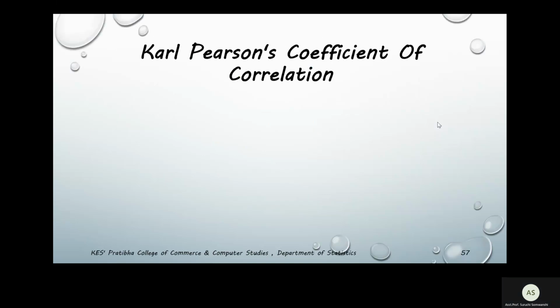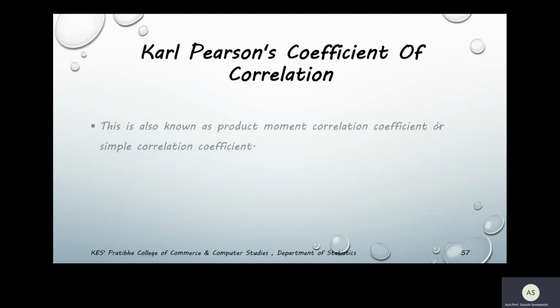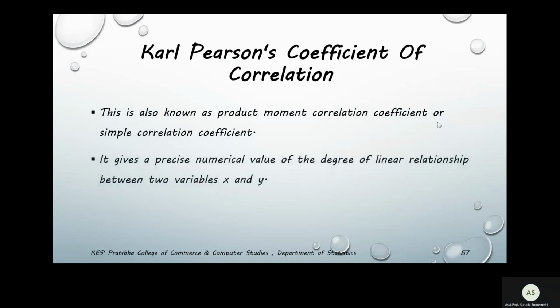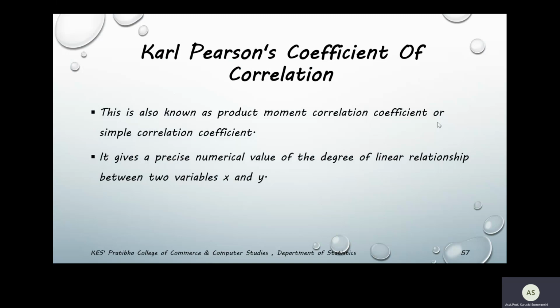Now, what is the Karl Pearson coefficient of correlation, and how are we going to calculate it? This coefficient of correlation is also known as the product moment correlation coefficient or simple correlation coefficient. It gives a precise numerical value of the degree of linear relationship between two variables x and y.